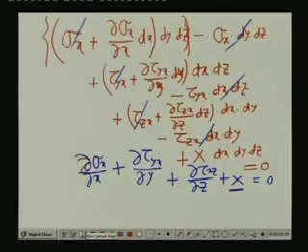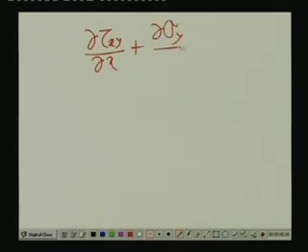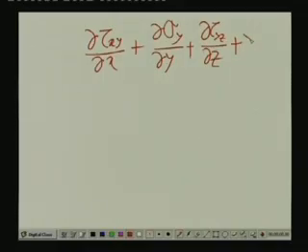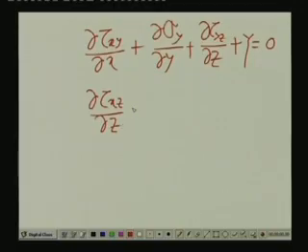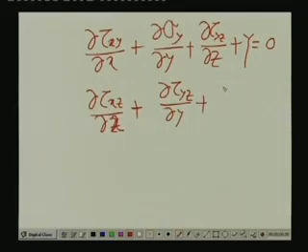Likewise, if we take the equilibrium of the forces which are acting in the y and z direction, we get another two sets of equations, and they are del tau x y del x plus del sigma y del y plus del tau y z del z plus Y, the body force component, equals 0, and del tau x z del x plus del tau y z del y plus del sigma z del z plus Z equals 0.